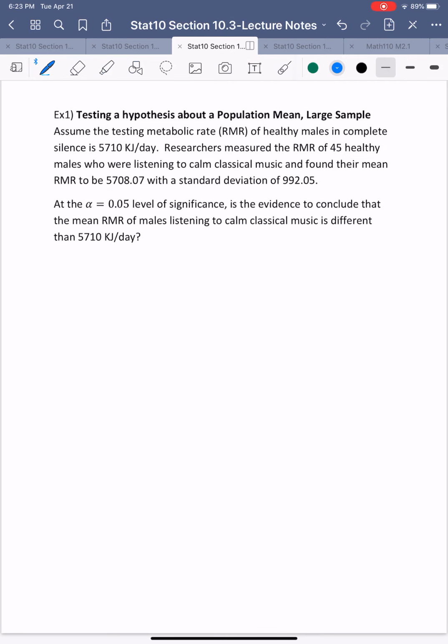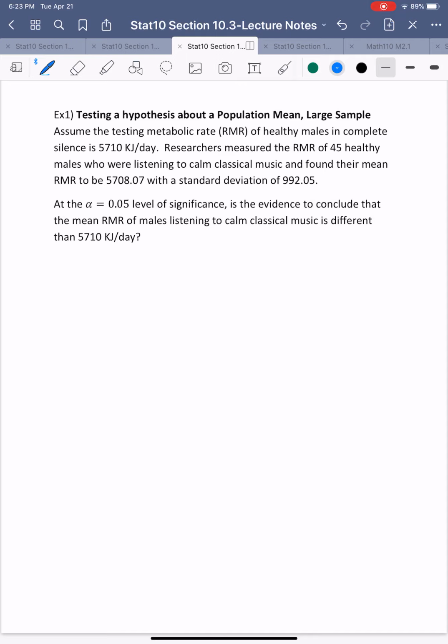We test the hypothesis about the population mean with a large sample. Assume that the resting metabolic rate, RMR, of healthy males in complete silence is 5,710 kJ per day.